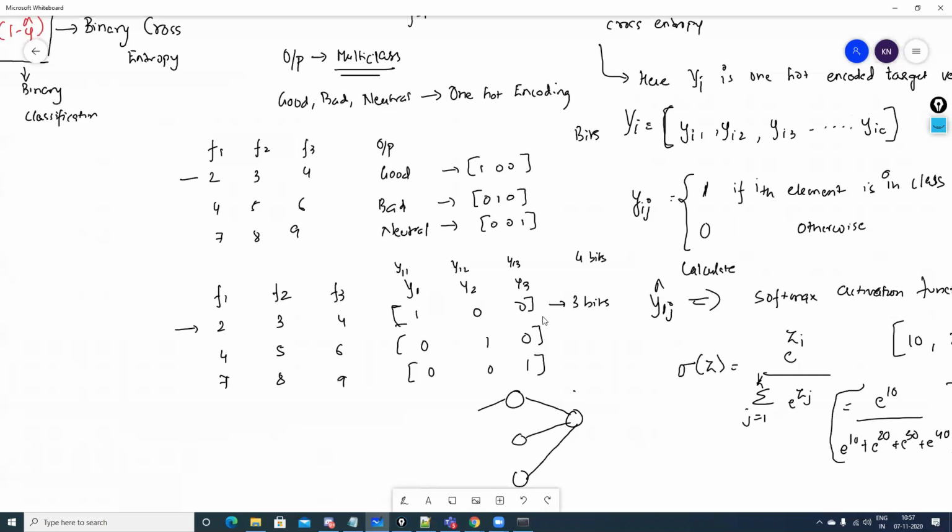The one-hot encoding says that this value is nothing but y11, y12, y13, and this value is nothing but y21, y22, y23. That is what yi of j represents. Yi of j is my truth value. Suppose, guys, just take this particular example. Okay, I'll write it down again.